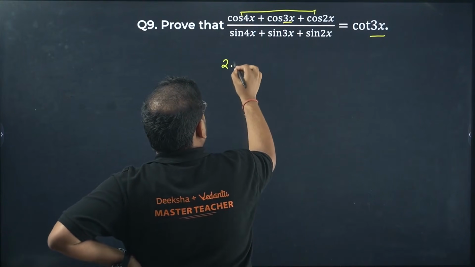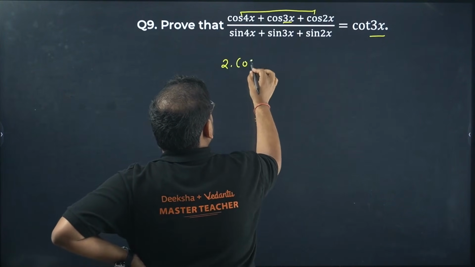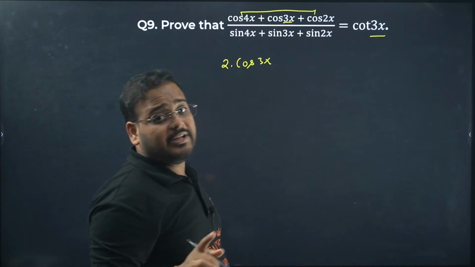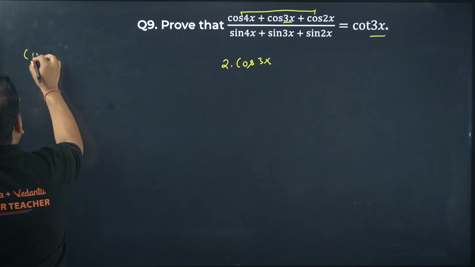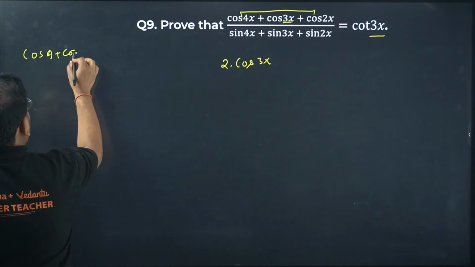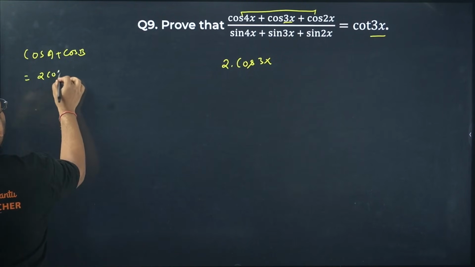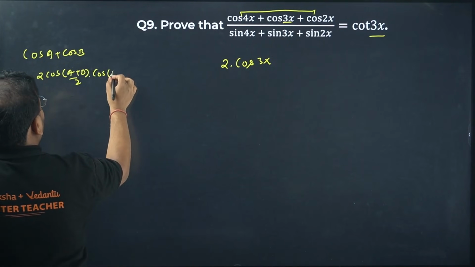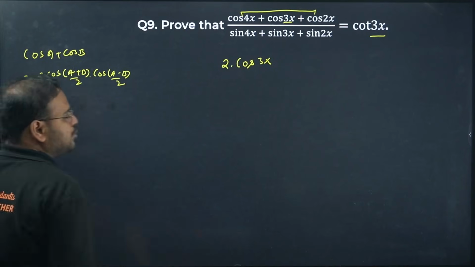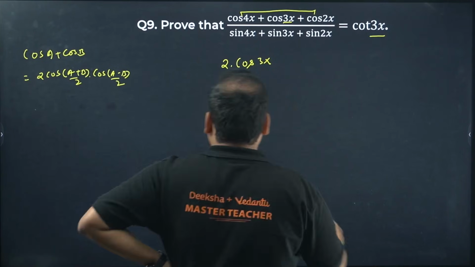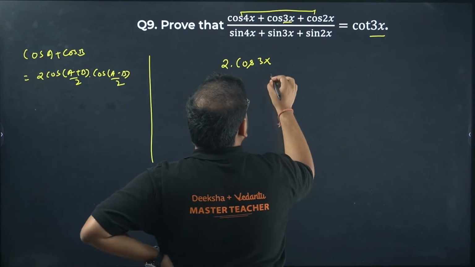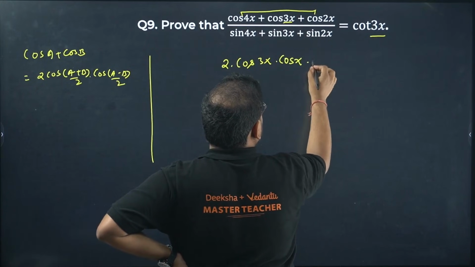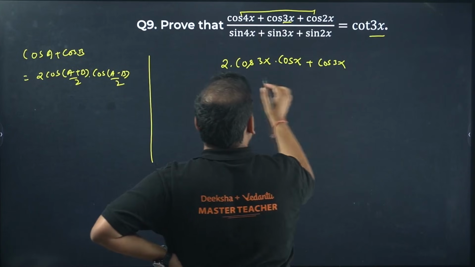We have the formula: cos a plus cos b is twice of cos of (a plus b) by 2 and cos of (a minus b) by 2. Cos 4x plus cos 2x: 4 plus 2 is 6, by 2 is 3x, and the difference 2 divided by 2 will be cos x. We have over here cos 3x.